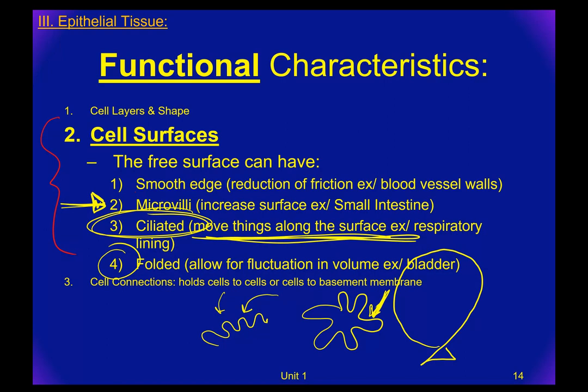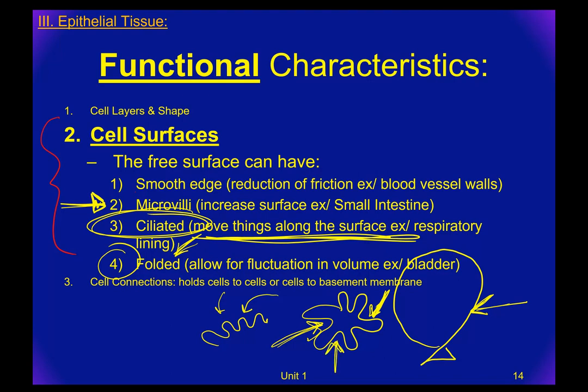I'm pretty sure that if you bought balloons like that, you'd go take them back and go, these aren't what I asked for. So when you have a folded cell surface, something that looks kind of like this, and you fill that surface, it actually allows it to kind of fill up or bulge out, and it'll smooth out, but when it's empty, it goes back to looking like this.